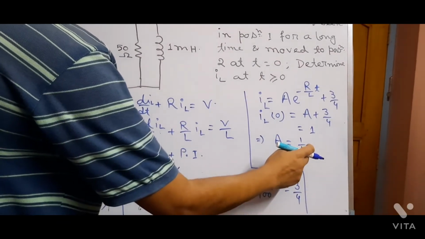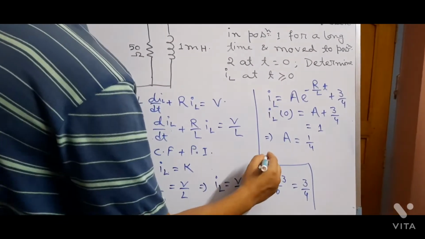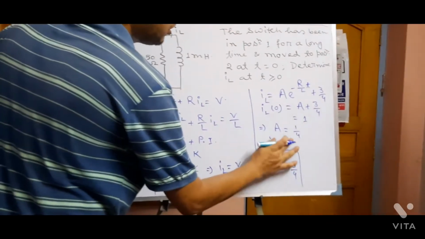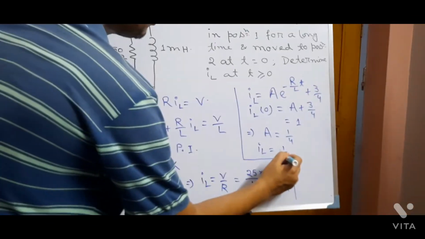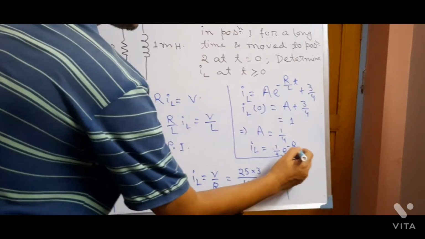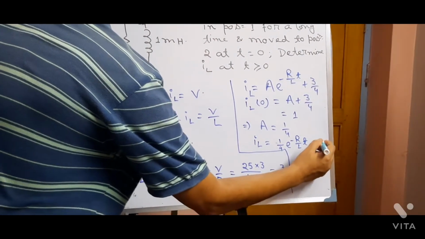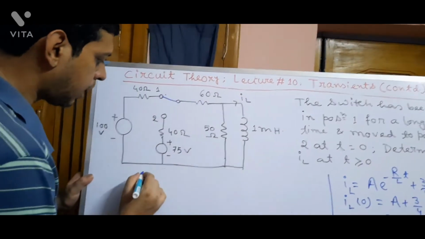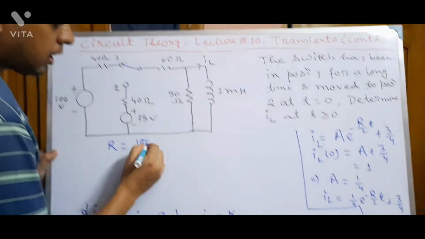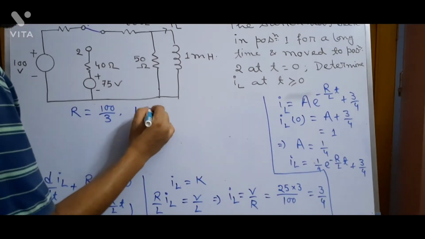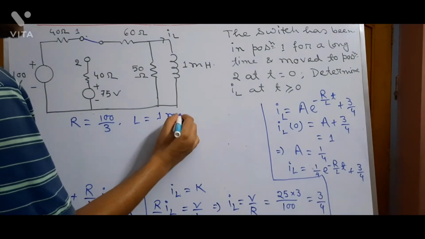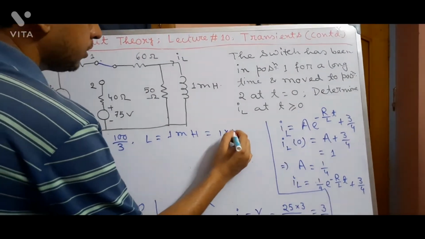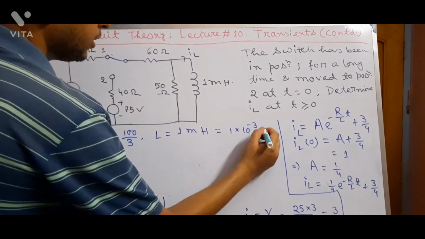So let us replace this A here. So IL equal to 1 by 4 e to the power minus R by L T plus 3 by 4. Now R was 100 by 3 and L was 1 millihenry, that is 1 into 10 to the power minus 3 Henry.